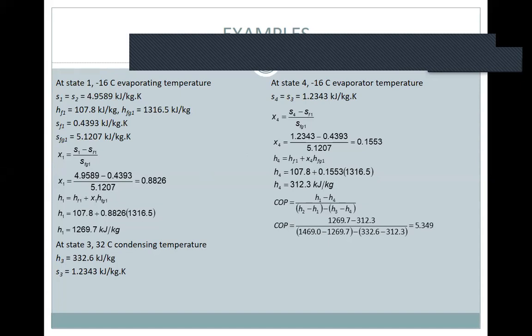So, the quality X of 1 is equal to S of 1 minus S of F1 over S of FG1, or 4.9589 minus 0.4394 over 5.1207 is 0.8826. Kaya ako laging naglalagay ng 4 significant or 4 decimal places. Ito, 4 decimal places yan. Kung significant, ito was 21.6 or 5 significant is 21.65.